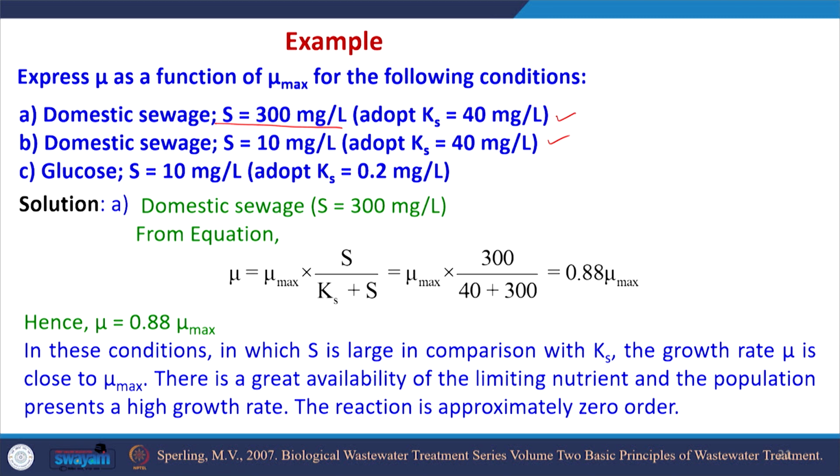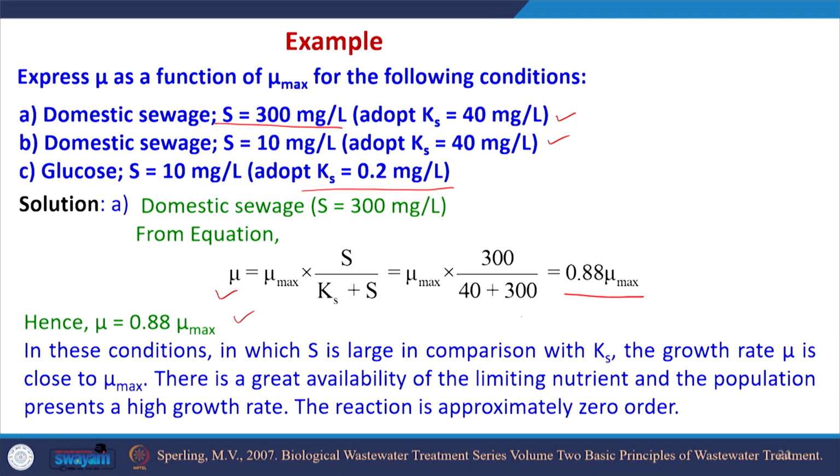In the third case the S value is assumed to be 10 milligram per liter and the Ks value is suggested to be 0.2 milligram per liter. So, for the first case, the nu value will be 0.88 nu max. We are just substituting the values, and in this case we find the value to be 0.88 of the nu max.